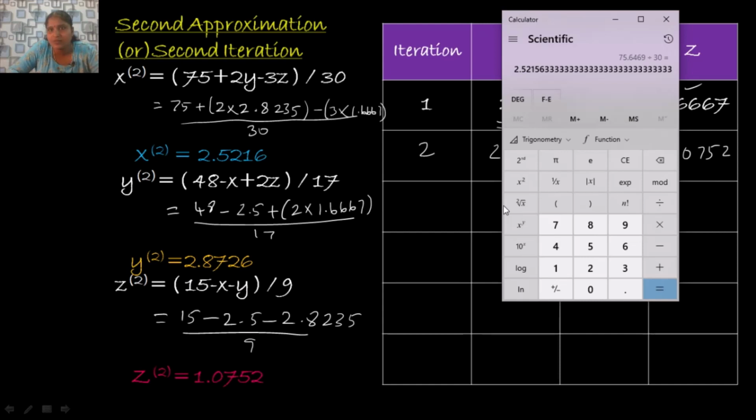In the fifth decimal place we have 6, so we add 1 to the previous decimal, so 2.5216. So this is the x value.